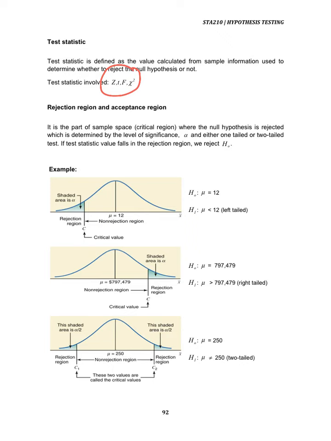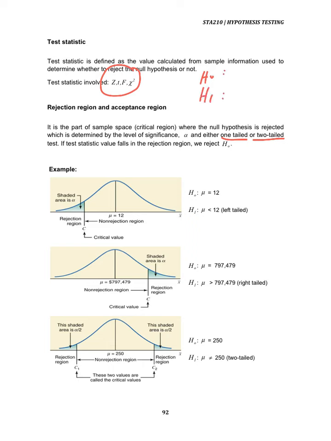Okay, rejection region and acceptance region. It is the part of sample space or critical region where the null hypothesis is rejected, which is determined by the level of significance alpha and either one tail or two tail test. If test statistic value falls in the rejection region, then we reject the null hypothesis. Okay, kat sini ada ayat one tail, two tail. Okay, one tail tu is referring to, tadi kan kita ada H0, kita ada H1 kan.